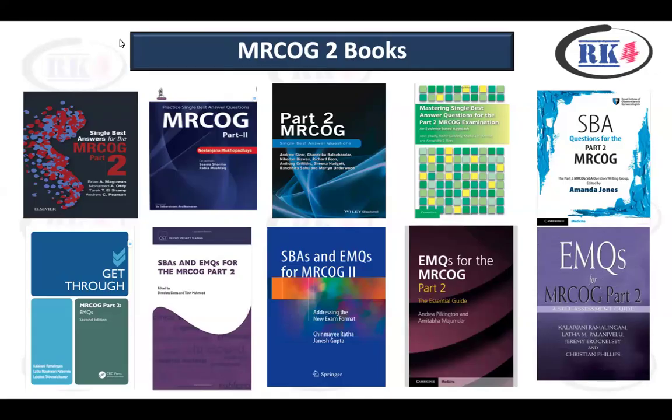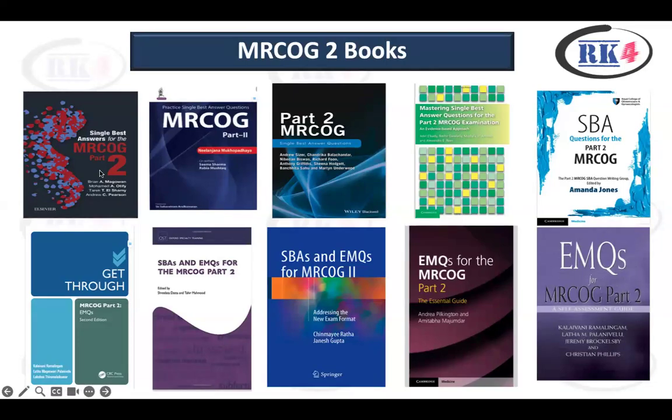Out of all these books, I would strongly suggest two books. One is this book, the SBA book by Amanda Johns, because this is from the RCOG, and there are some questions which do come in the exam as copy-pasted. So you must do this book.